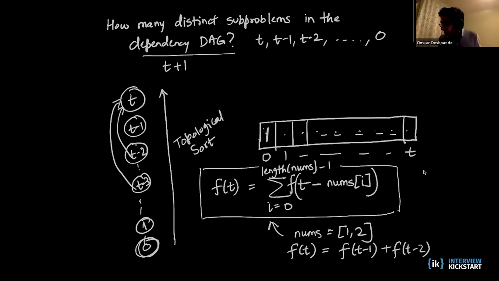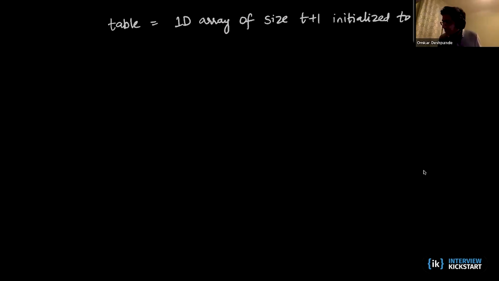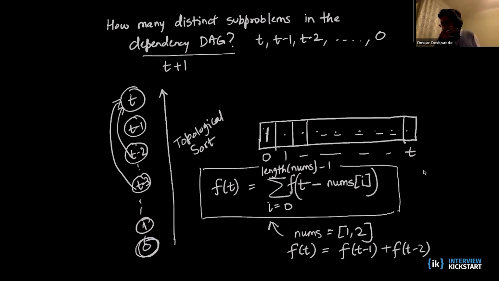But on the left extreme, we are going to have table of 0 being equal to 1. This is our base case. And implicitly, everything to the left with negative target amounts are also base cases with a value of 0.